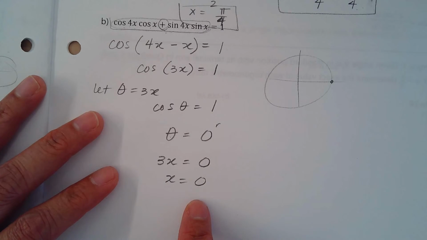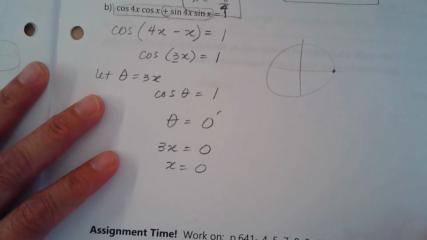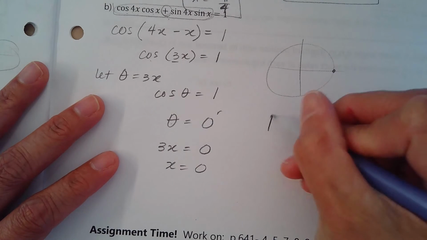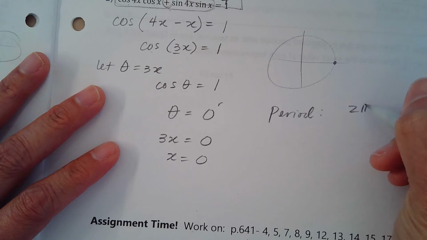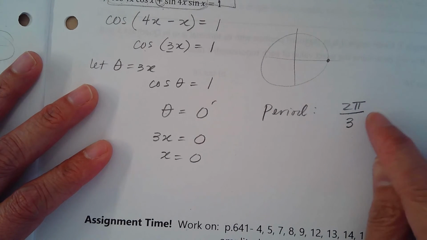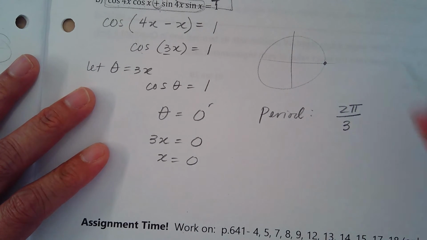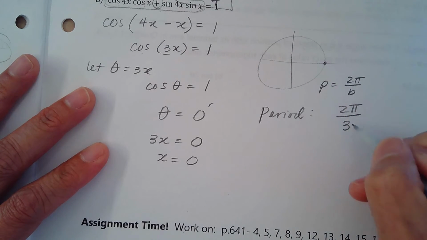So what else do we know? Because this is cos of 3x, the b is 3. That means the period must be 2 pi over b, which is 2 pi over 3. So period is 2 pi over b, and your b is 3.